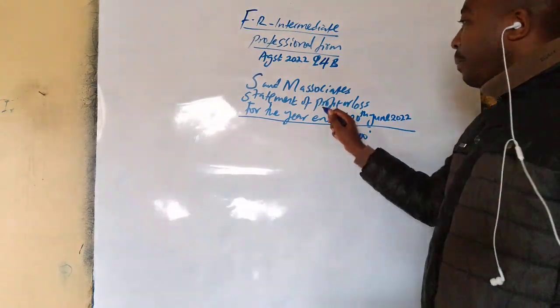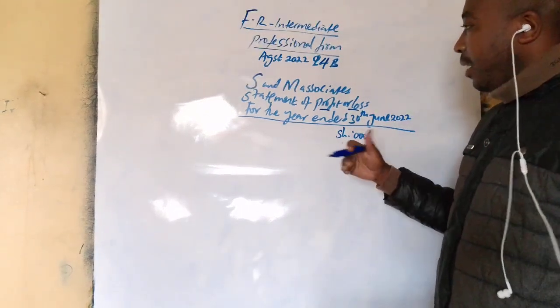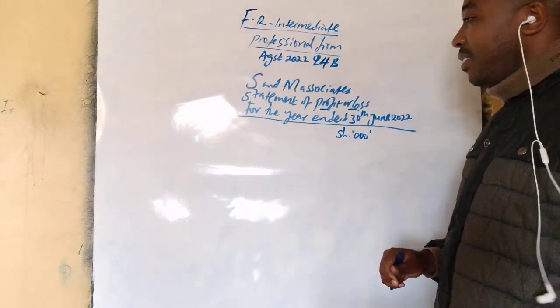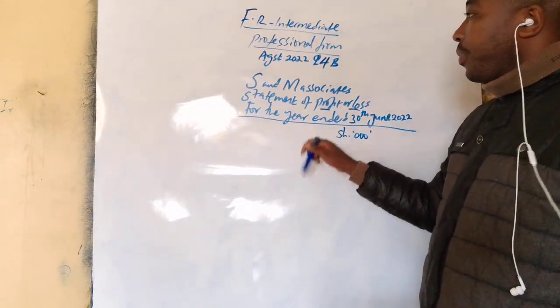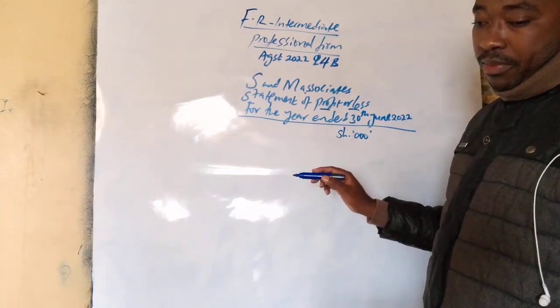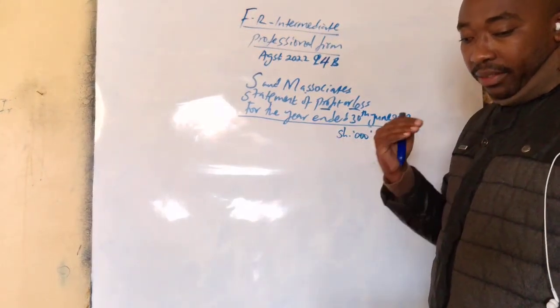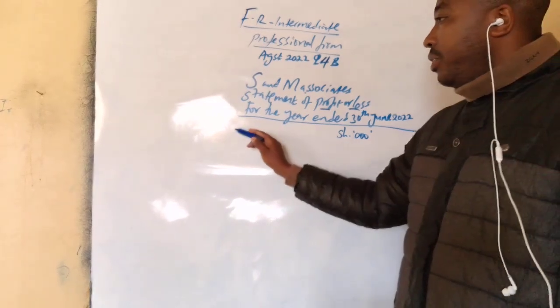We know these are profit or loss, meaning what? We are going to record the income, then the expenses incurred to generate those income. Now, this is an advocate firm. And the main income of lawyers or advocates is cost charged to clients.